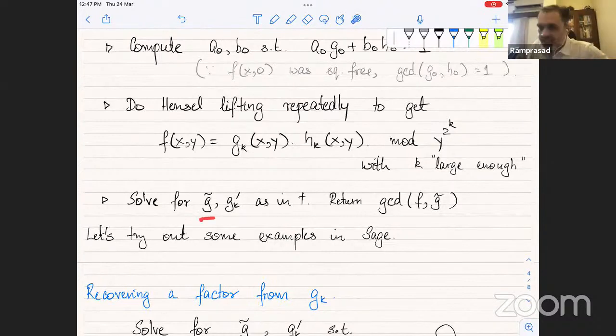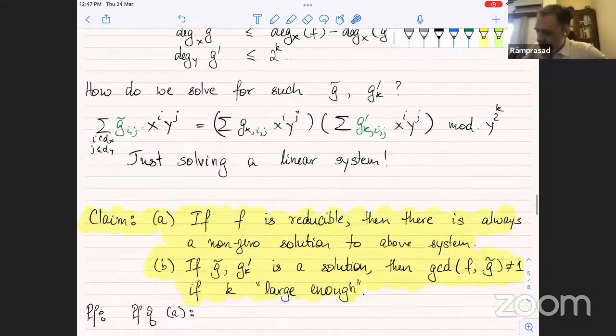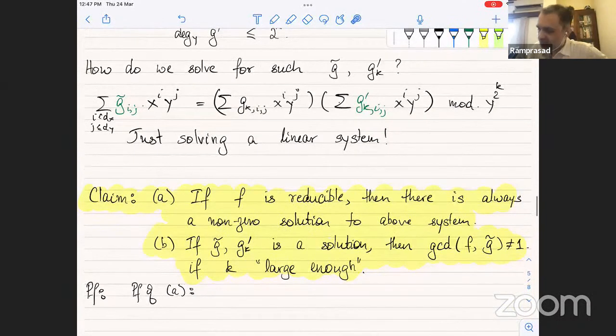If you end up finding a g tilde, then return the GCD of f and g tilde. We will be convinced of the correctness of the algorithm if this claim is true. We first want to say that if f was reducible, there better be a solution. And secondly, from any solution, I can extract a factor.